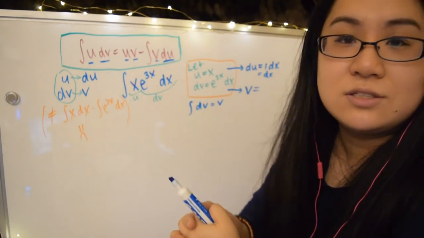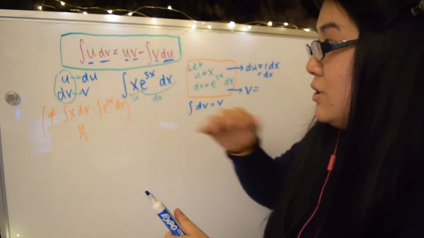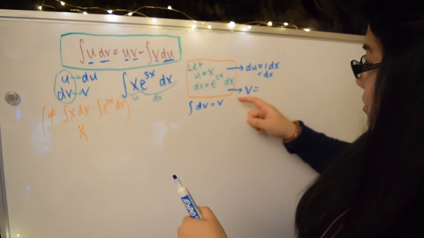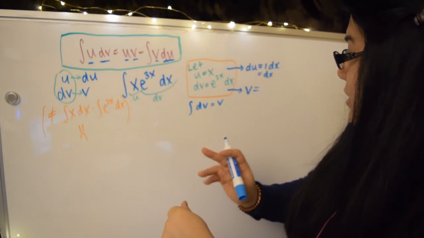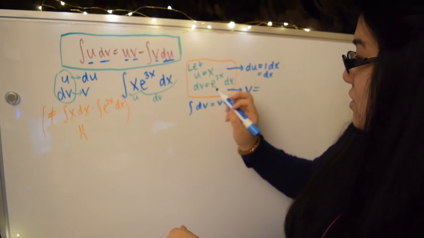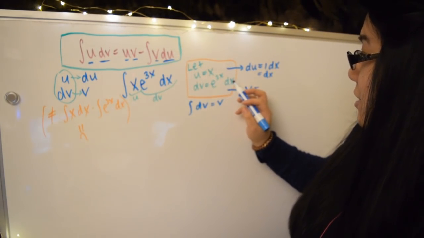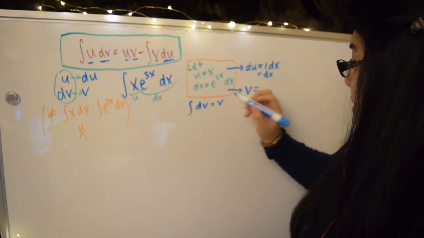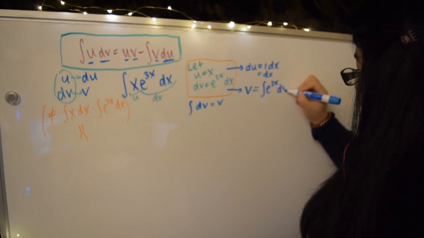They end up kind of canceling each other out, so we'll add the plus c for indefinite integrals after all of this. So I'm not going to do it here like v plus c. We don't need to worry about all that. It works itself out. So to go from dv equals e to the 3x dx, I take the integral of this, the integral of e to the 3x dx.